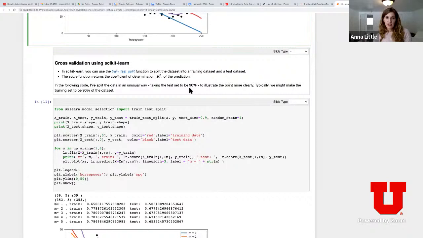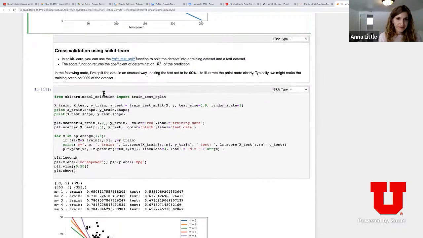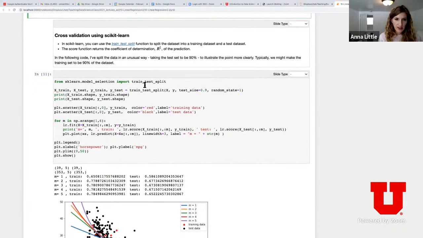It's reversed just to illustrate the overfitting point that we want to make in this lecture. So we want to import this train test split function, input our X's, input our Y's, and say we want the test to be 90% of the data. And then we output X train, X test, Y train, Y test.